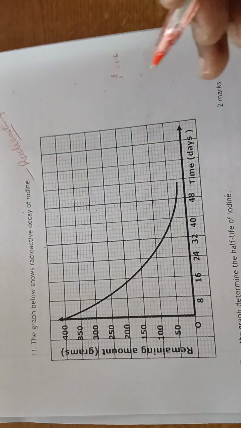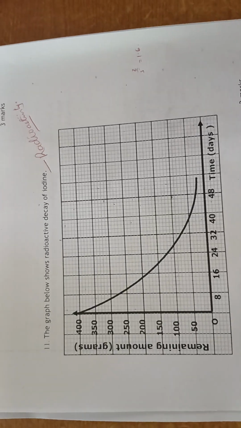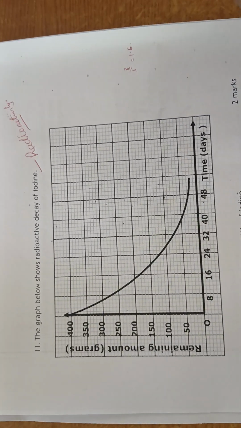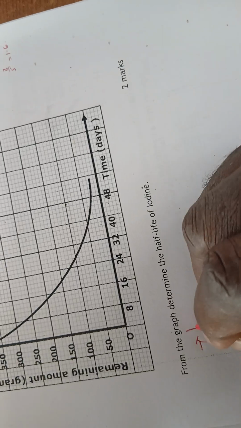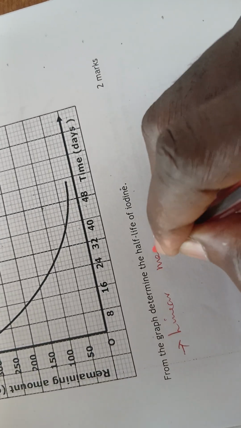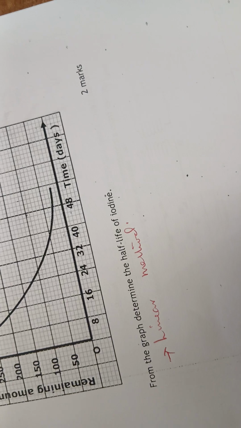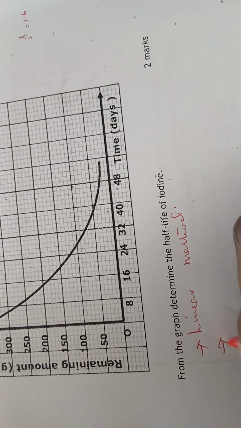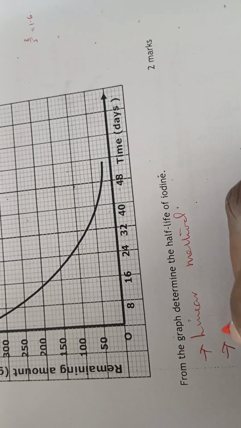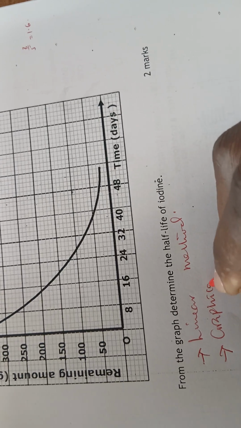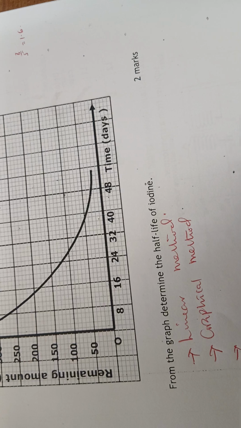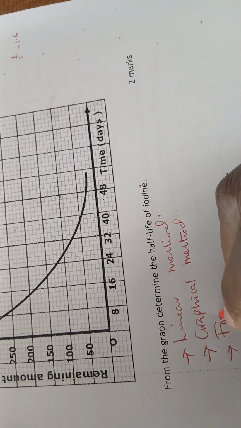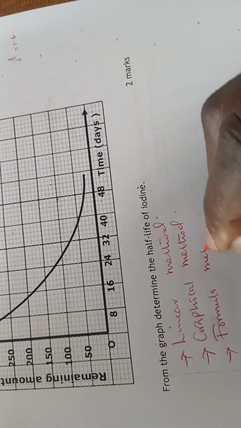Now, there are three methods of calculating half-life. One of the methods that we are introduced to is the linear method, method 2 is the graphical method, and 3 is the formula method.